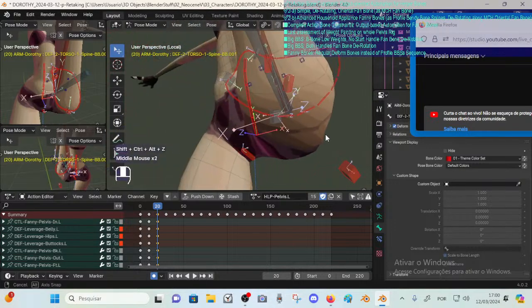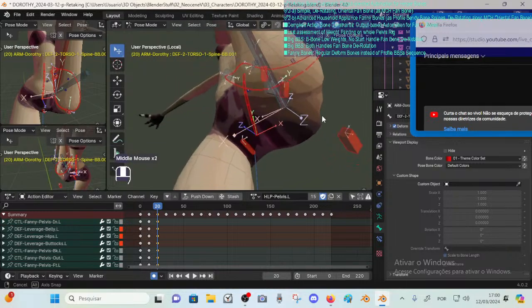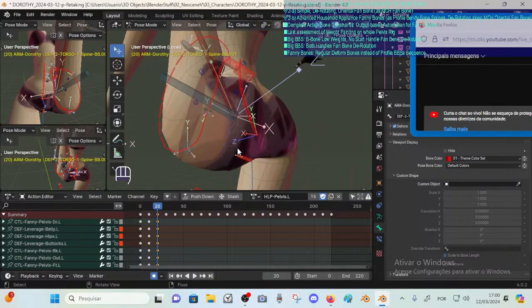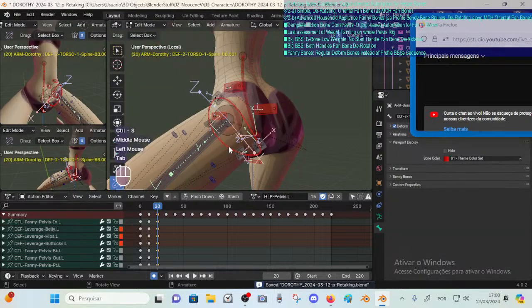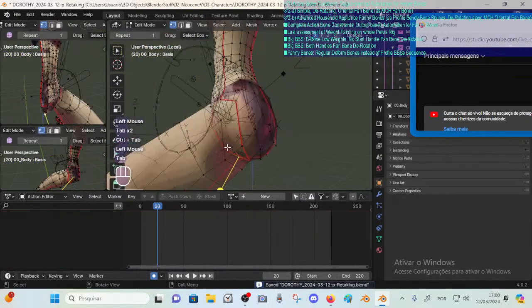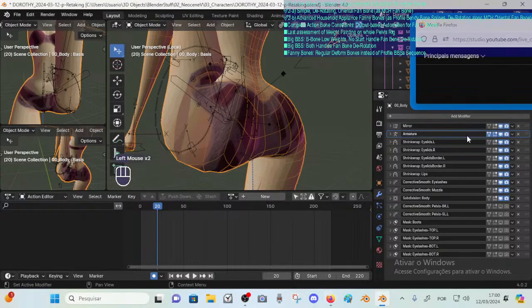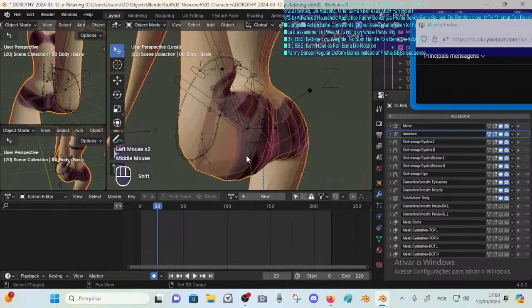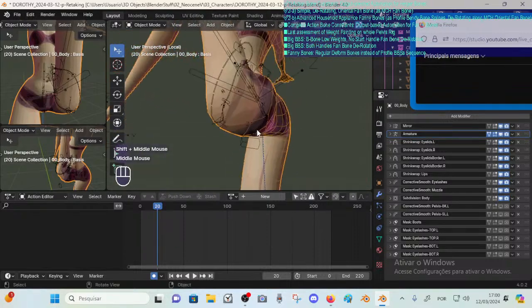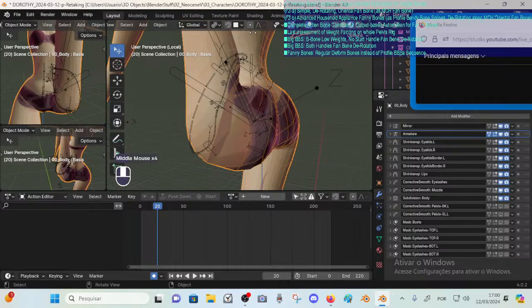Oh, this could also be a mesh topology problem as we get to this position. Let's see, maybe some subdivision here.